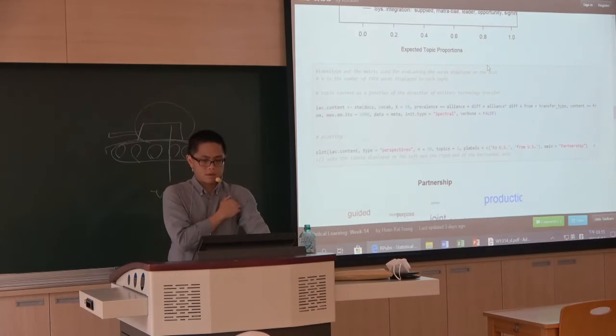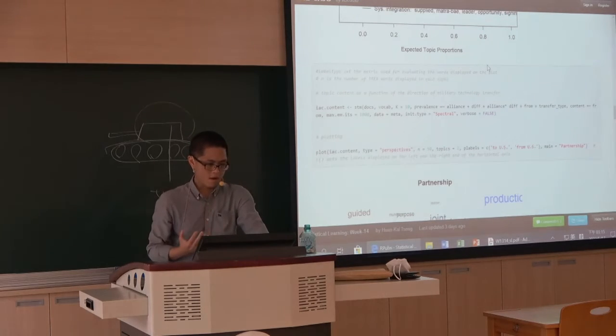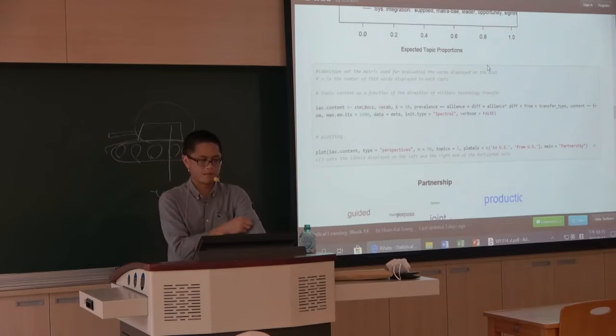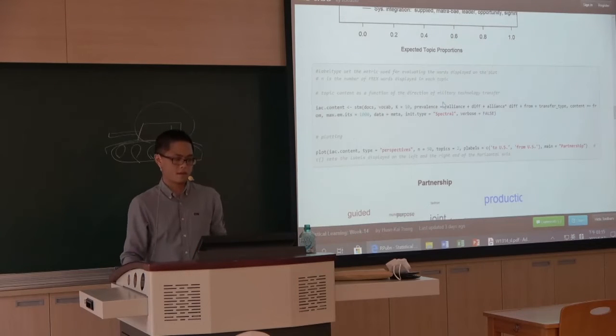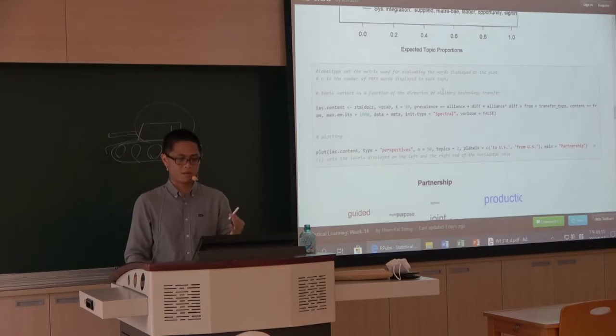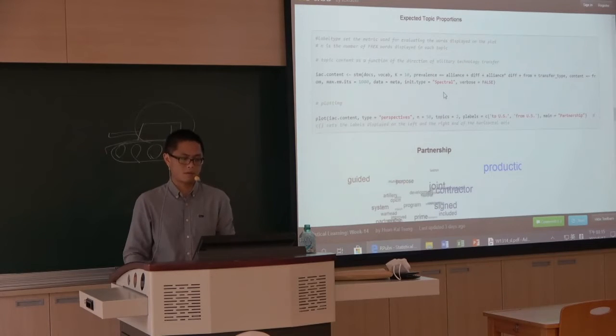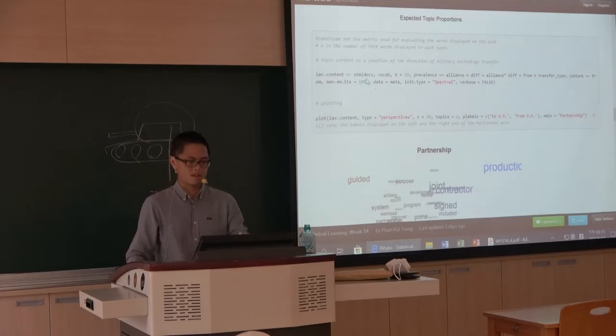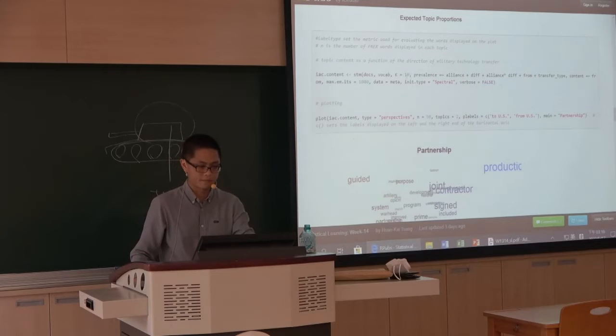So now we're showing a different type of plot. So the topic content, the content means the term distribution. It could be a function of the direction of military technology transfer. So we can do that, right? So we use the STM function to estimate once again, right?